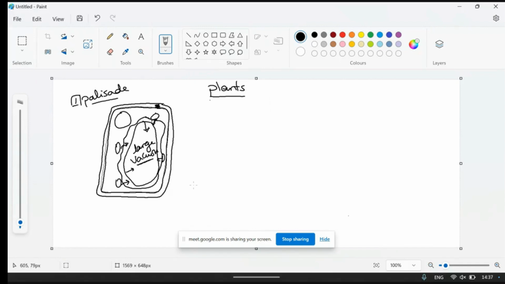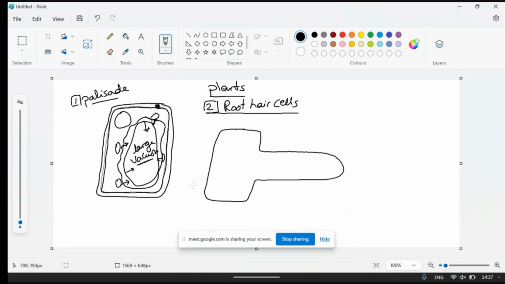Let us move to another type of cell, which is called root hair cells. I'm not talking about your hair, by the way. I'm talking about a special kind of cells. They look like this. They are normal plant cells, but they are specialized by having an extra projection, which is called a finger-like projection.